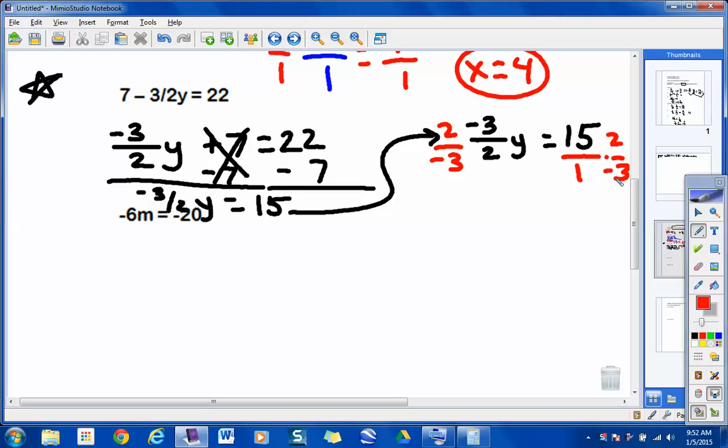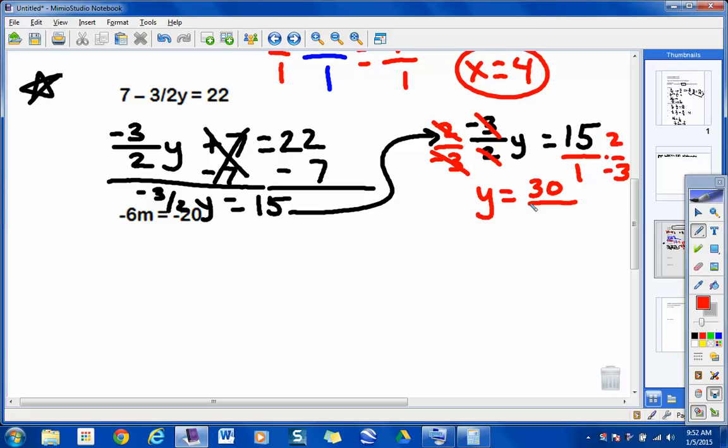There we go. 2's are gone. Negative 3's are gone. And that's what we want. We want y to be alone, don't we? Isn't that what we're setting out to do? And up top, help me, 15 times 2. On the bottom, how about 1 times negative 3?